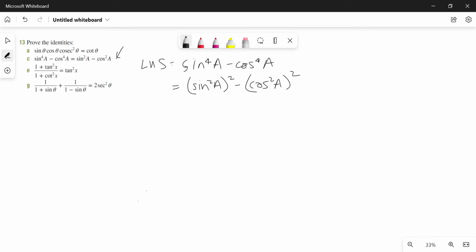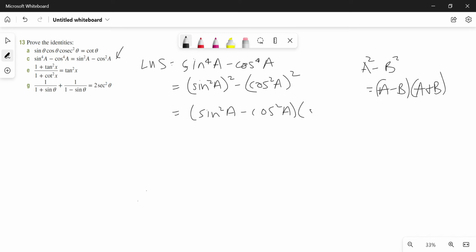And when we have a look at the difference of 2 squares and factorize, if I had a squared minus b squared, we know that's a minus b, a plus b when you factorize. So think of a as sine squared a and b as cos squared a. So we're going to have sine squared a minus cos squared a and sine squared a plus cos squared a.